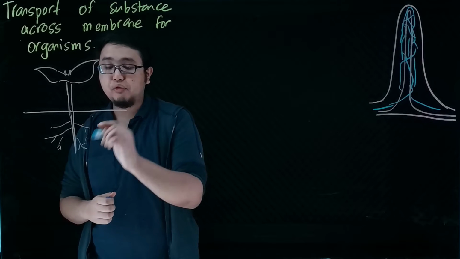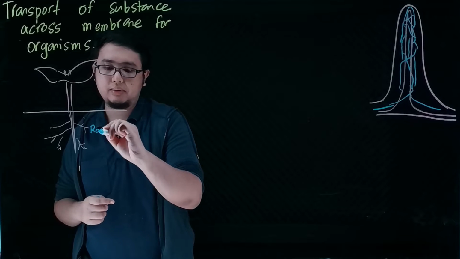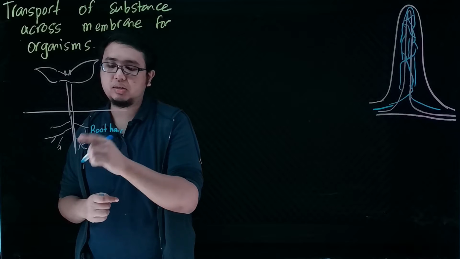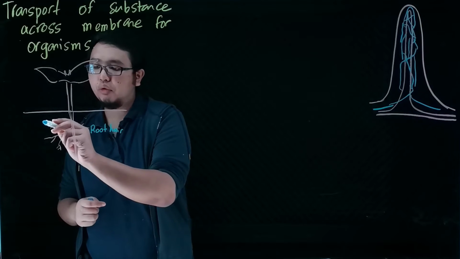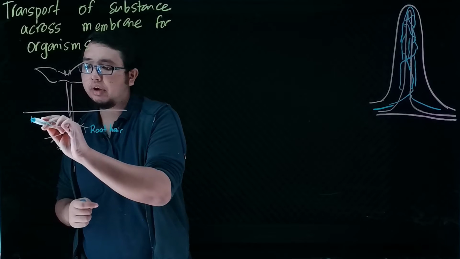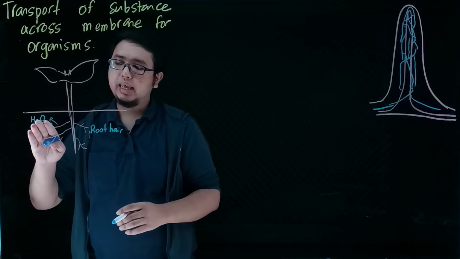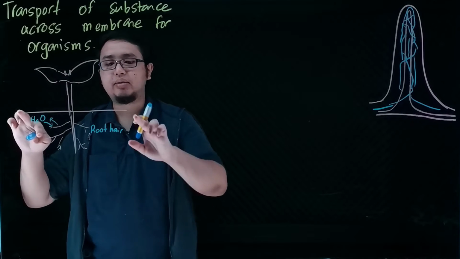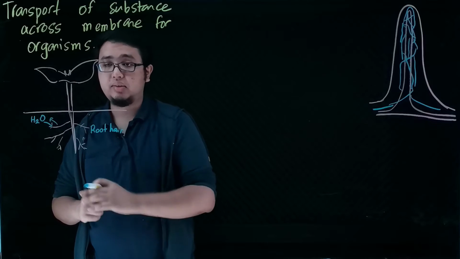For the plant, the movement of substances occurs at the root hair cell. It's not at the main root structure, but at the root hair cell, where substances can move in and out of the cell depending on the concentration around it. For example, water can move in as well as move out depending on whether the soil is hypotonic or hypertonic towards the cell.